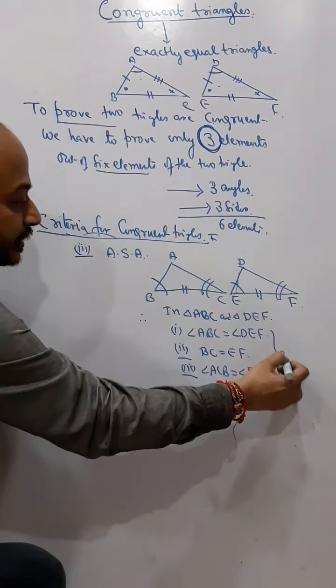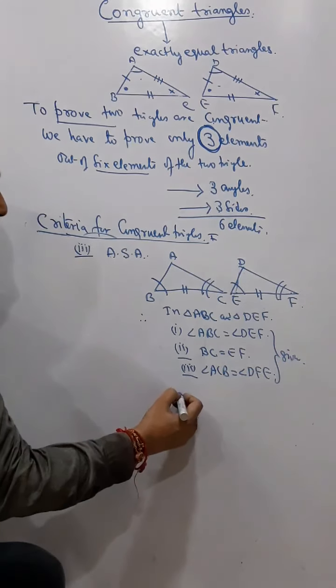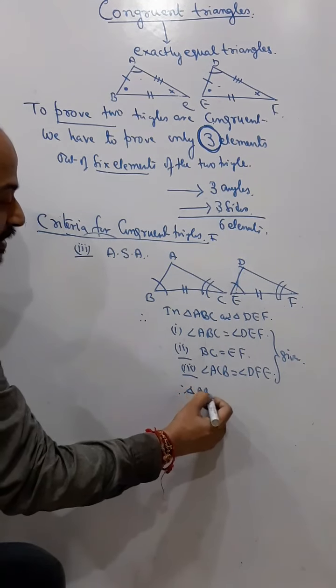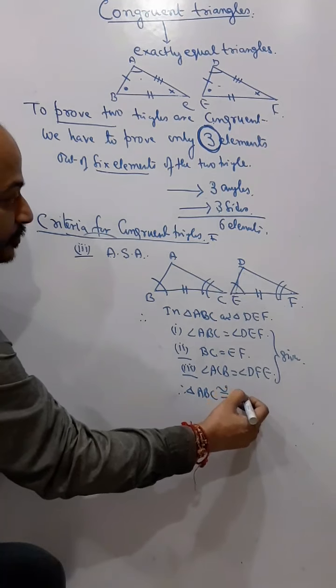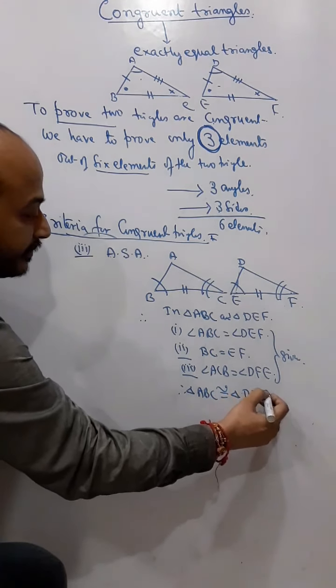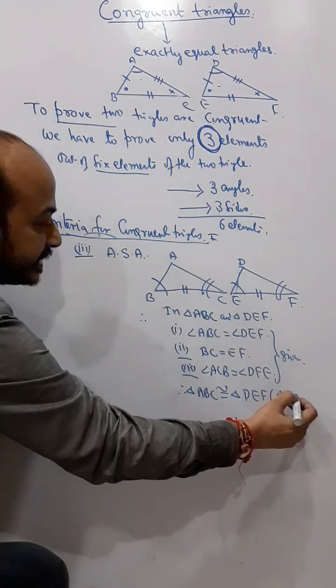So all are given, and therefore triangle ABC is congruent to triangle DEF, and the criteria is ASA.